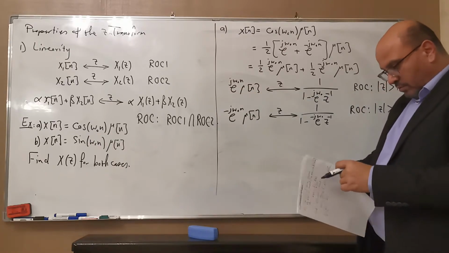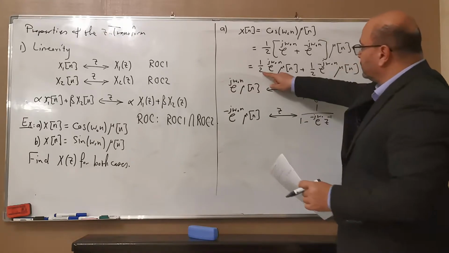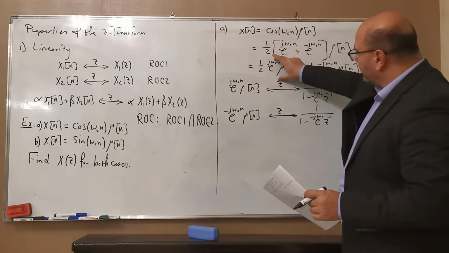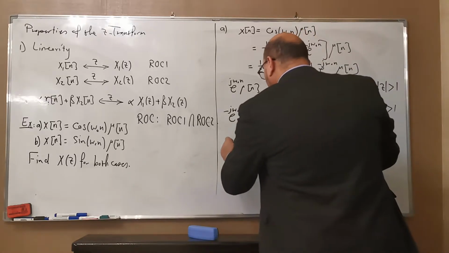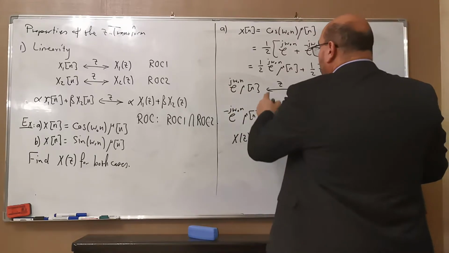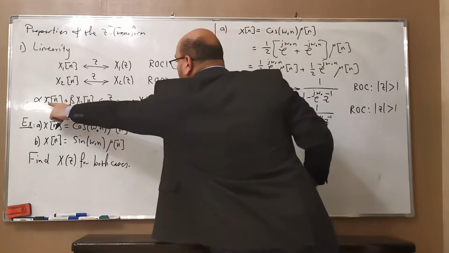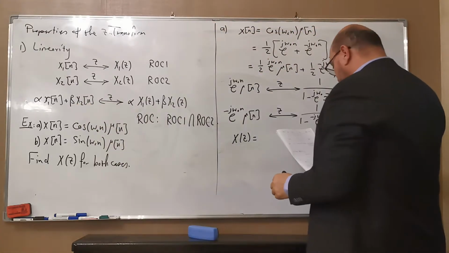It's equal to 1. Okay, so X of z is 1/2 the transformation of this one plus 1/2 the transformation of this one. So X of z is equal to, by linearity, alpha here is 1/2 and beta here is also 1/2.